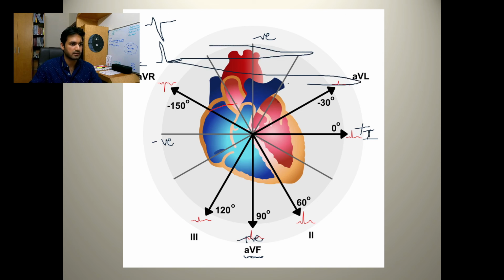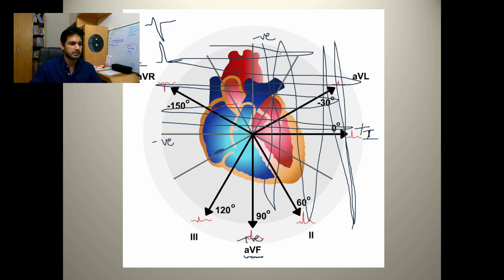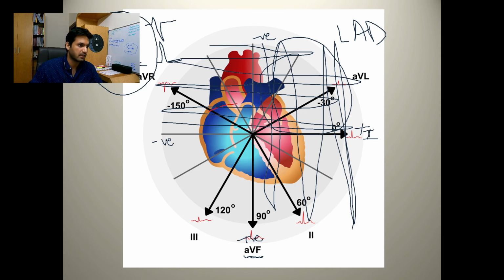We'll shade the negative side. And for lead 1, the QRS is positive, so we'll shade the positive side. So this is where the overlap happens, so this is left axis deviation. So that's how you tell axis deviation. You just look at 2 leads, 1 and AVF.